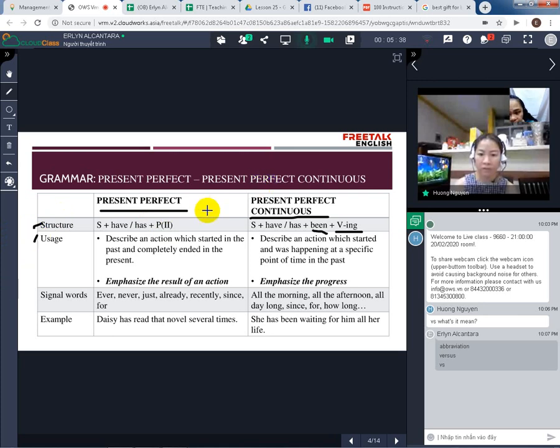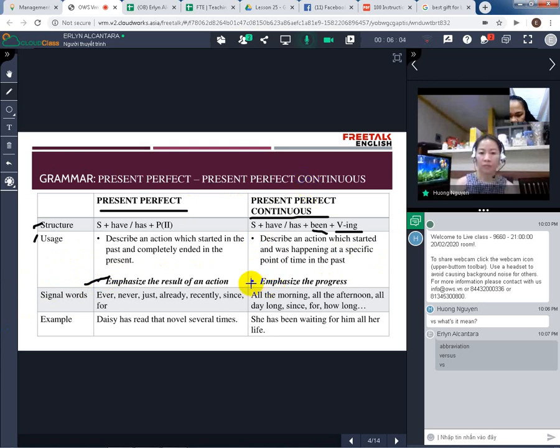If it's present perfect, we describe an action which started in the past and completely ended in the present. If it's present perfect continuous, it describes an action which started and was happening at a specific point of time in the past. So present perfect emphasizes the result of the action.